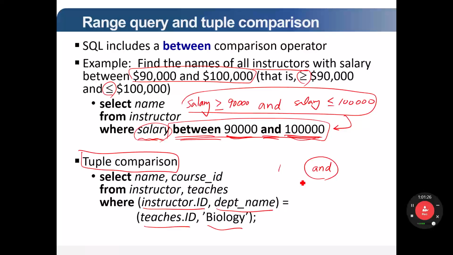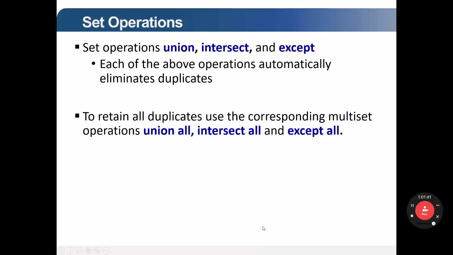Instead of using the AND operator, you can list those multiple attributes inside parentheses and use a single equal operator. That's tuple comparison. Next, set operation.